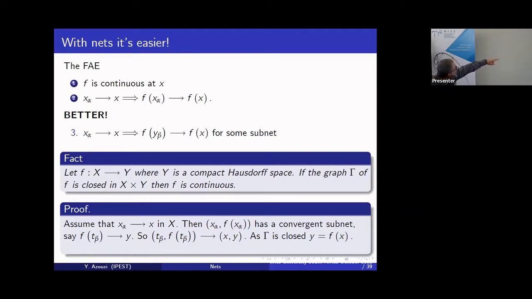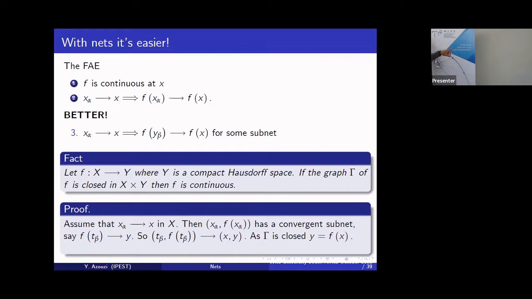So we have to show that f is continuous. We assume that x_alpha converges to x. Then f of x_alpha is a net in a compact space, so it has a convergent subnet. Now if we take (t_beta, f of t_beta), it's a net in the graph, which converges to (x, y). Since the graph is closed, y is equal to f of x, and we are done.